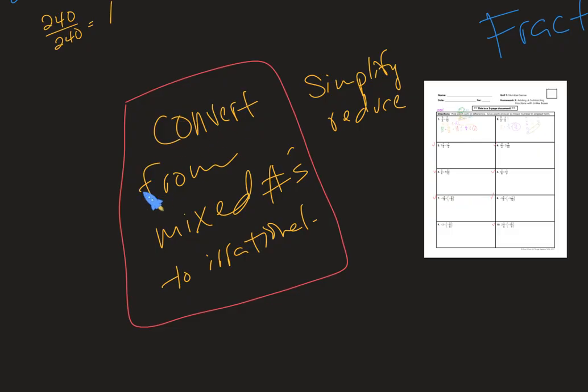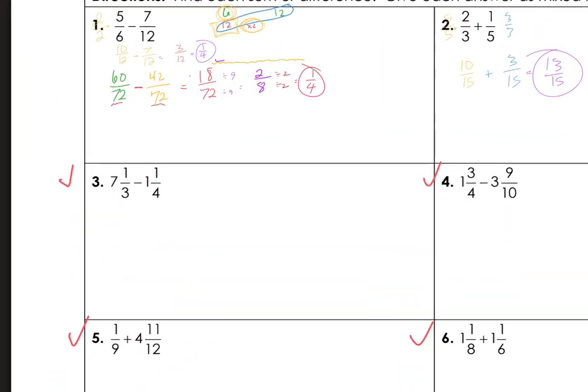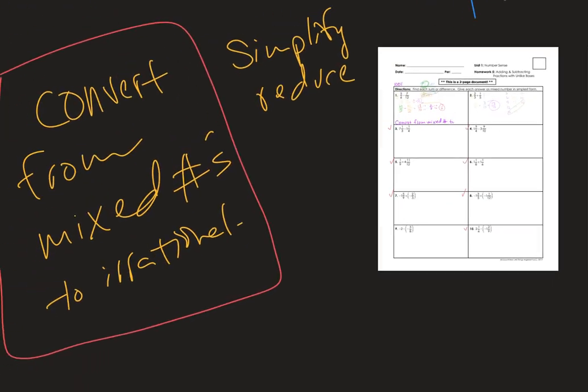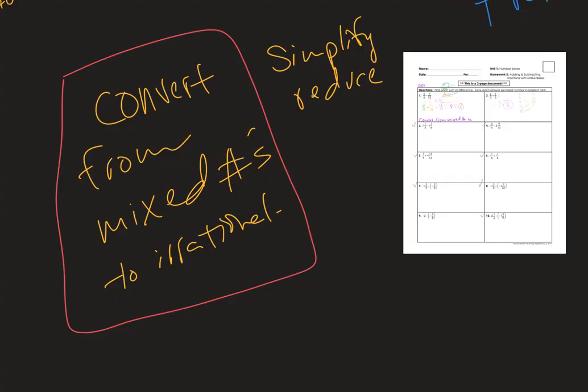Convert from mixed numbers to, if you can't read that word, it's tough to read. Let's try it again. Convert from a mixed number to, you know what? It just occurred to me. I wrote over here to convert it to an irrational number.